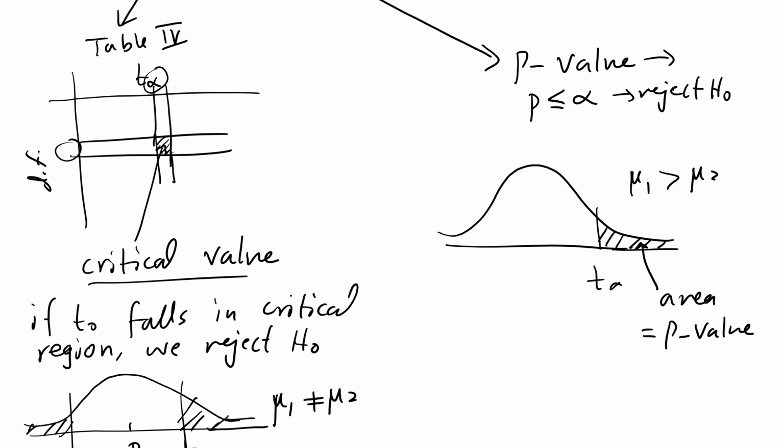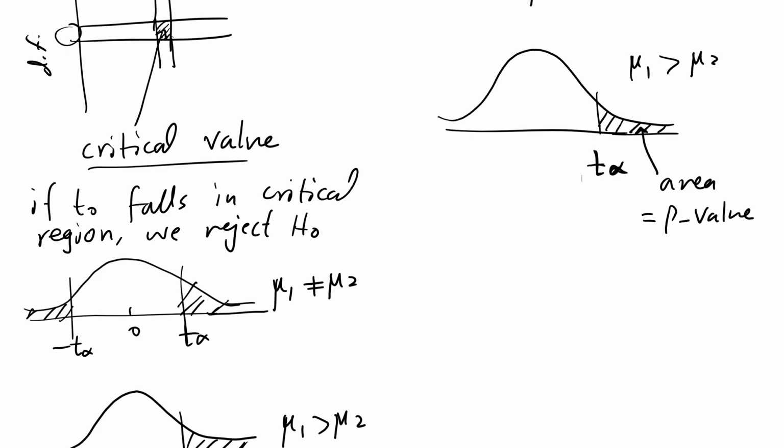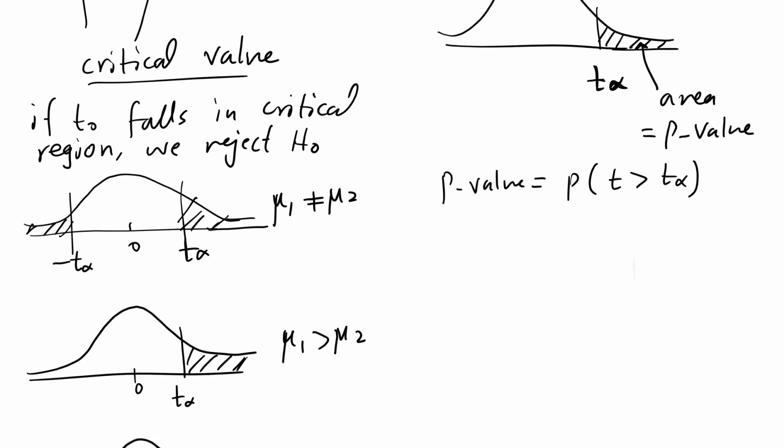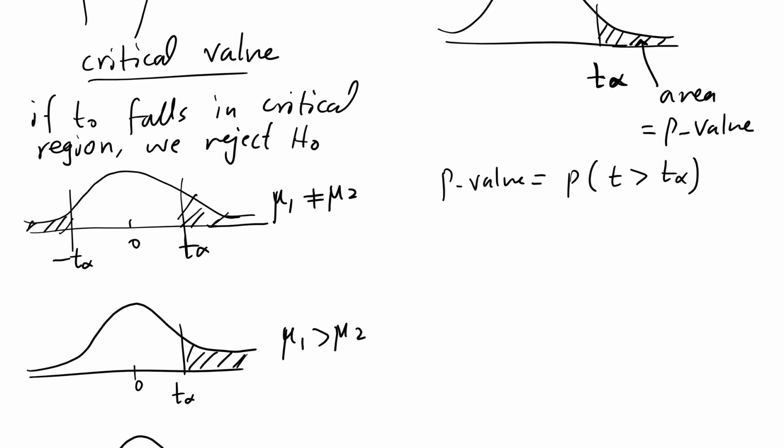That's what the p-value is, and it can be found from the table. It is the probability that t is bigger than t sub alpha, and we find this using table 4.